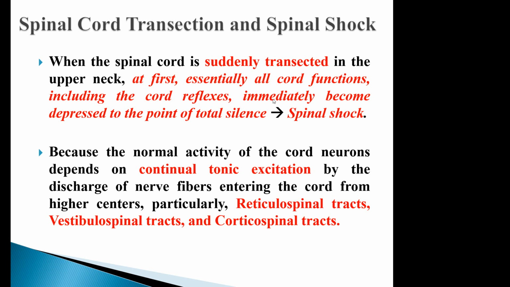This is because the normal activity of the cord neurons depends on the continual tonic excitation by the discharge of nerve fibers entering the cord from higher centers, particularly the reticulospinal, vestibulospinal, and corticospinal tracts.